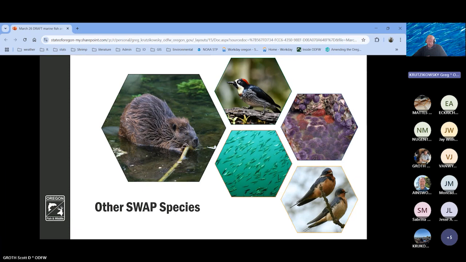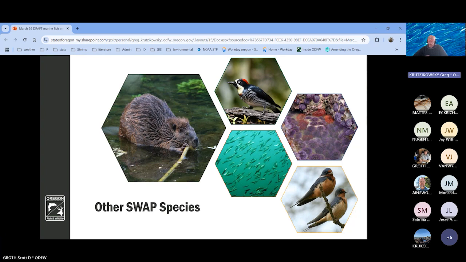We want to make sure that these species too are described in the revised SWAP, and we can provide information about them to help support our partners and the public interest in advancing conservation.